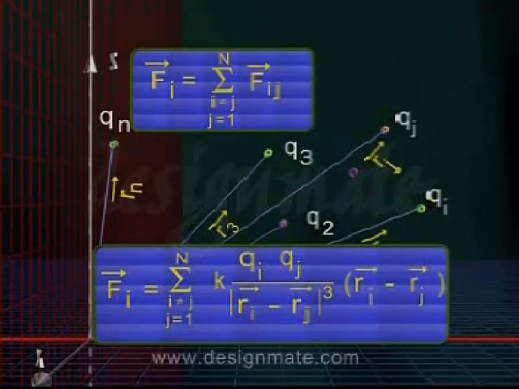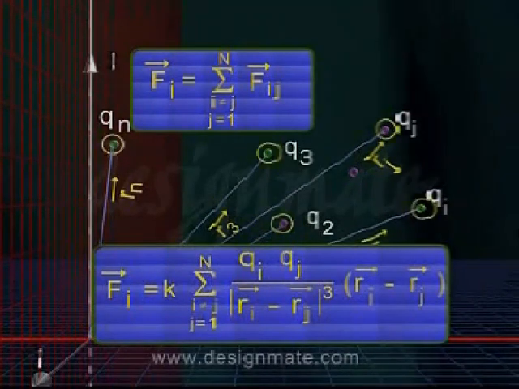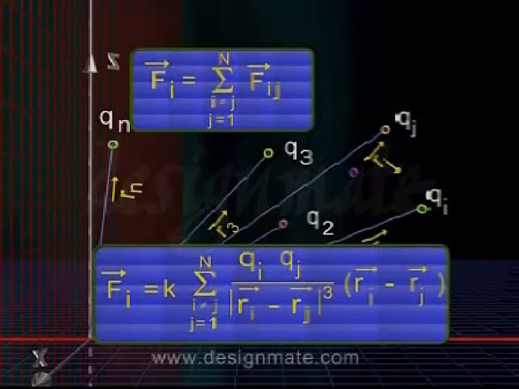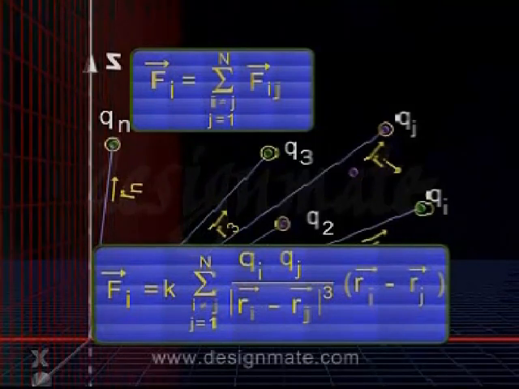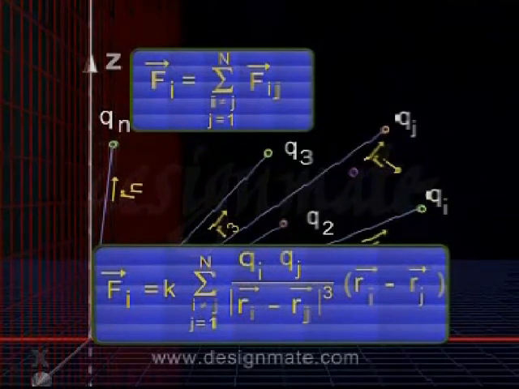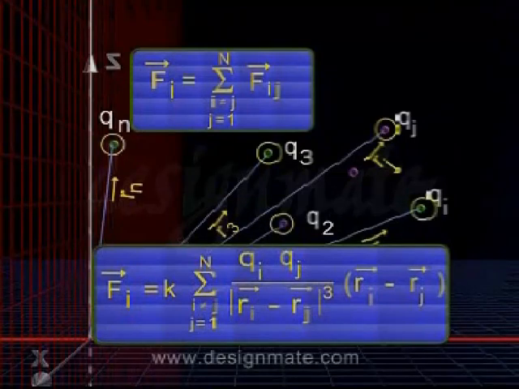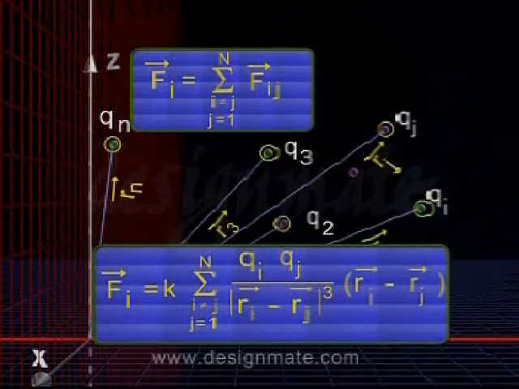Therefore, vector Fi is equal to K into the sum over j not equal to i, j from 1 to n, of Qi Qj upon modulus of vector Ri minus vector Rj cubed, into vector Ri minus vector Rj.